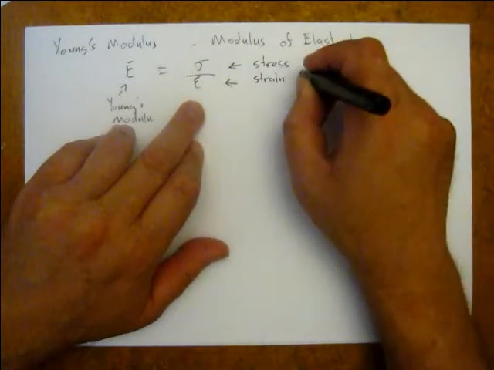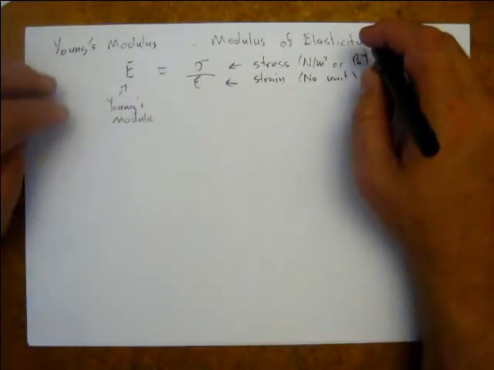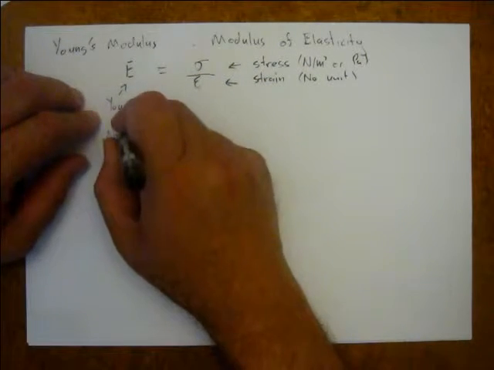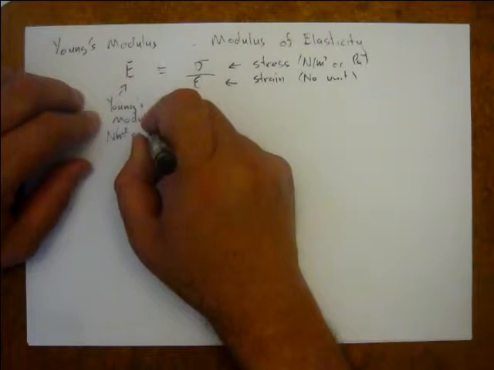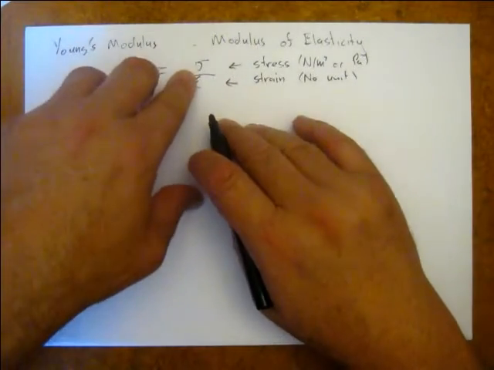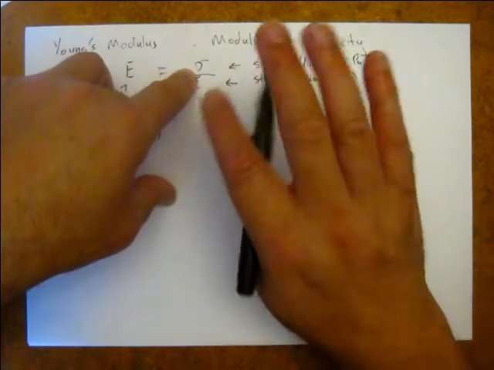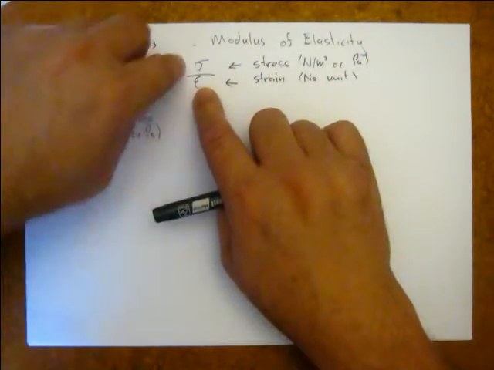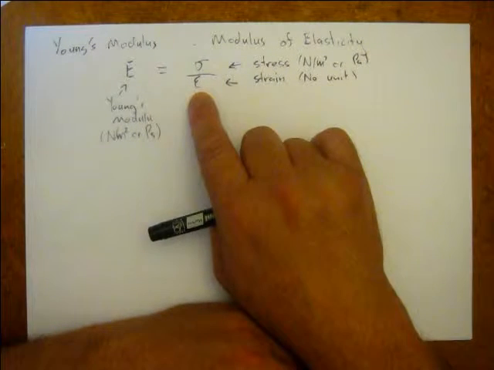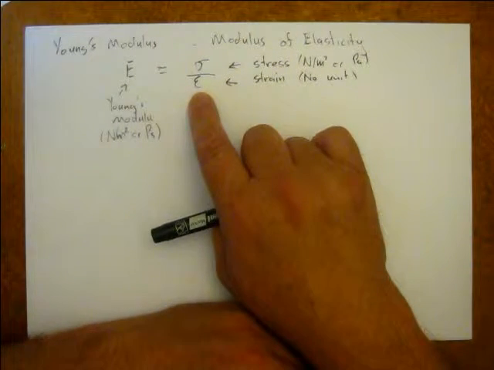So this means that Young's modulus is going to have a unit of newtons per square meter or pascals. And so yes, we have the stress, how much force we're applying, how much it stretches. So for a given force, if the Young's modulus is big, it does not stretch a lot.